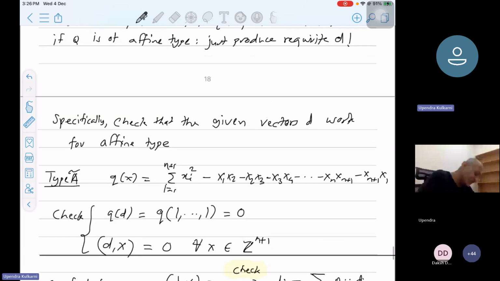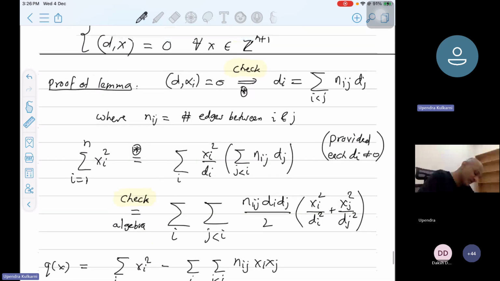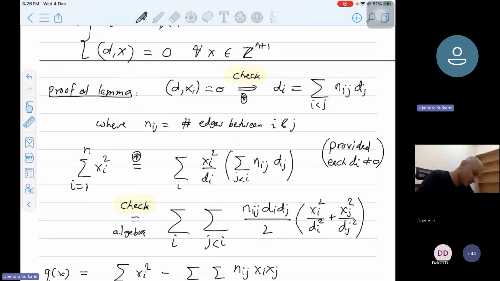It was required for this manipulation when I divided xi squared by di and multiplied it by another expression by di. So just to recap, modulo the algebraic check and showing that each di is non-zero, I have done the lemma. Is there any question until now?